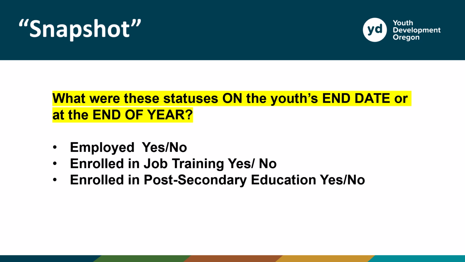So you would just grab that snapshot. That would be a no. And so the questions are, was the youth employed on their end date or at the end of the year? If they're active on the end of the year, were they enrolled in job training? Yes or no. Were they enrolled in post-secondary education? Yes or no. Note that these are all defined in the data manual. Be sure to reach out if you have any questions.